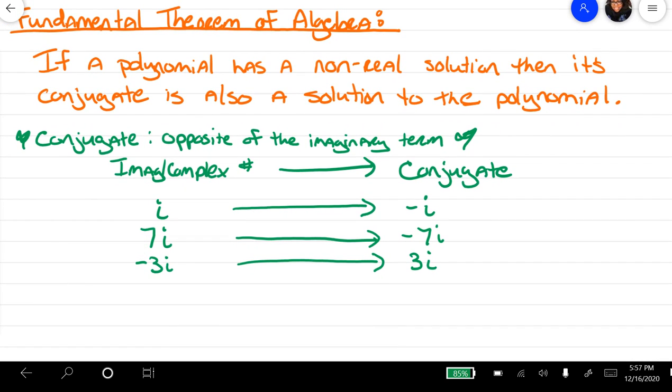What's also going to be considered a non-real solution will be if we have a complex number. A complex number, remember, is when we have a combination of a constant and an imaginary term. So it could be something like 2 plus 3i. The conjugate of 2 plus 3i is going to be 2. That doesn't change. It's only the opposite of the imaginary term. So the 2 is still the same because that's not the imaginary term. But it will be a minus 3i.